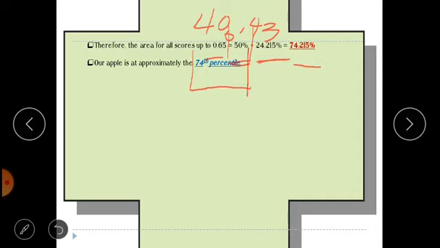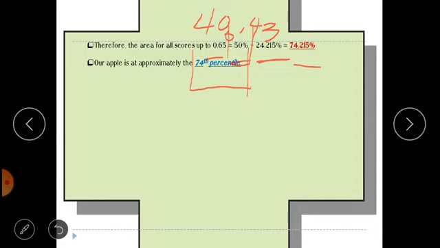Yan. Doon sa ating percentile, doon sa relative position natin, no? So, meron siyang percentage na 74.215%. So, pag kukunin natin yung percentile niya, 74. So, nasa 74.